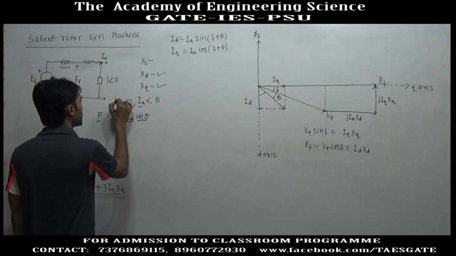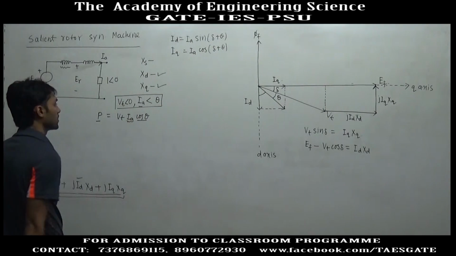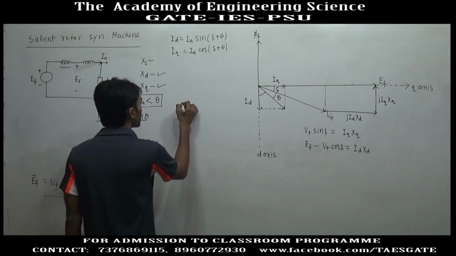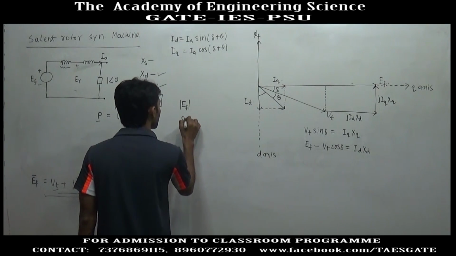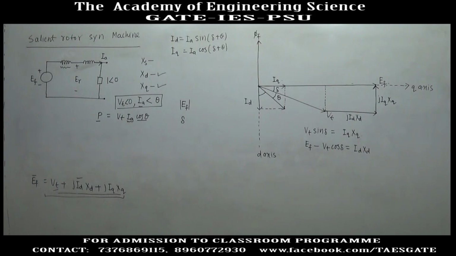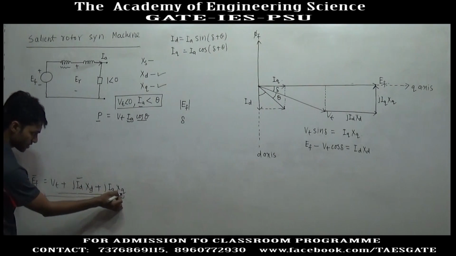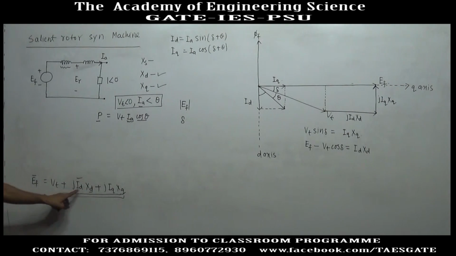So suppose we have this much information, and the question asks to find the magnitude of excitation voltage and the torque angle. So now you will try to use this relation. Vt is given, XD is given, and XQ is also given, but Id and Iq are not given.